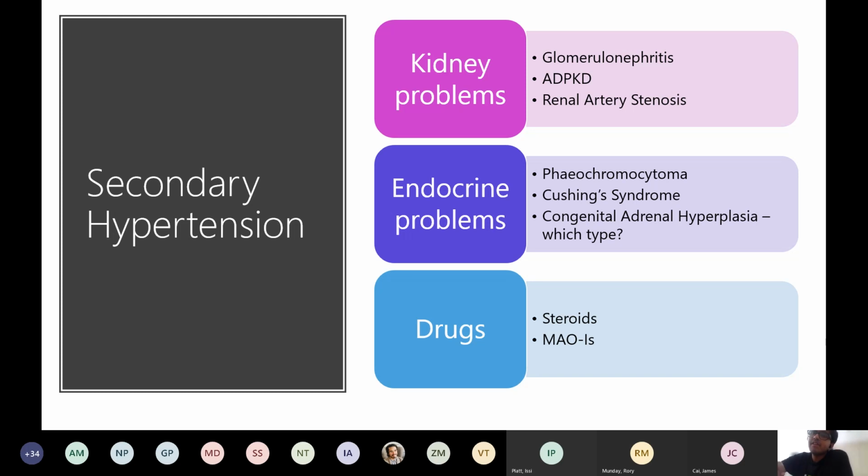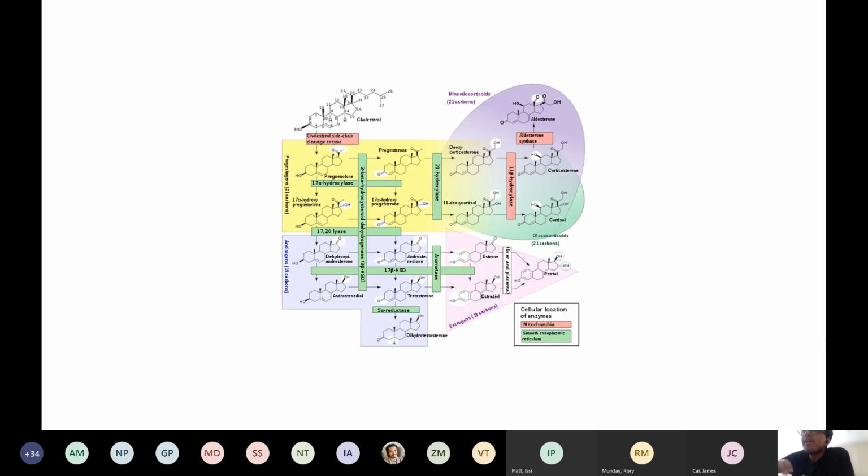And then you have drugs. I've got a diagram to explain congenital adrenal hyperplasia. If you look to the top right of the diagram, if you have a deficiency in 11 beta hydroxylase, you cannot convert deoxycorticosterone and deoxycortisol into cortisol and corticosterone, and you also cannot produce aldosterone.